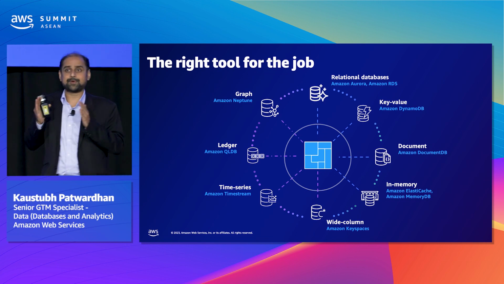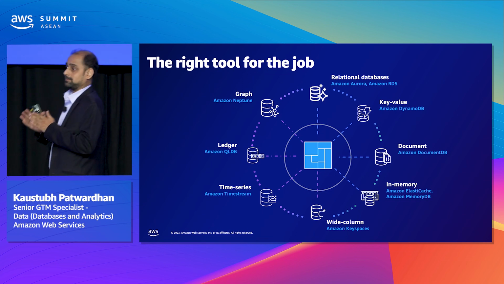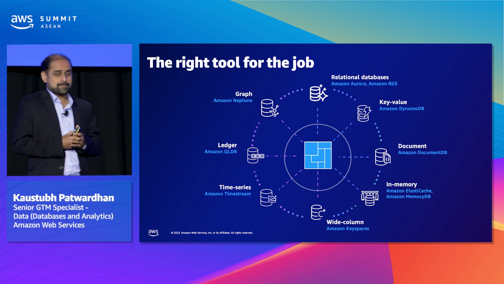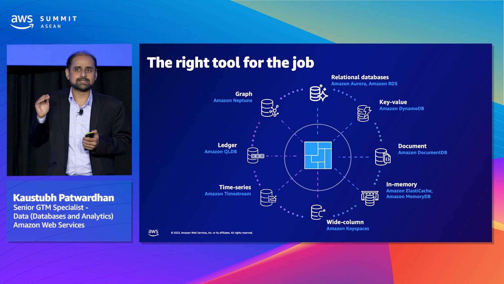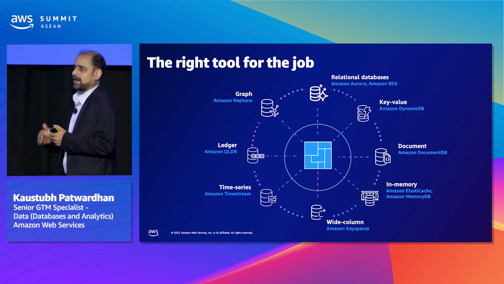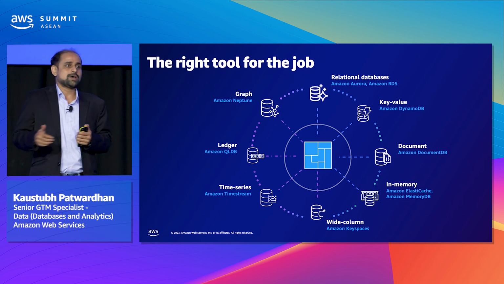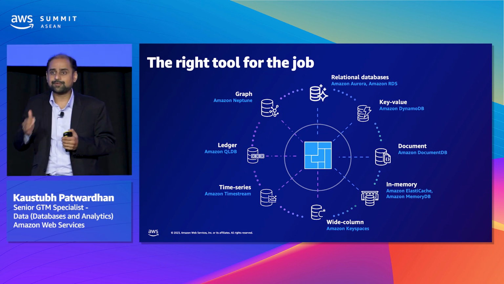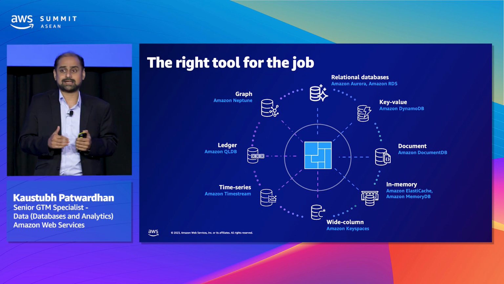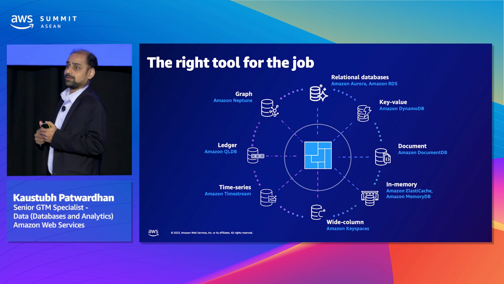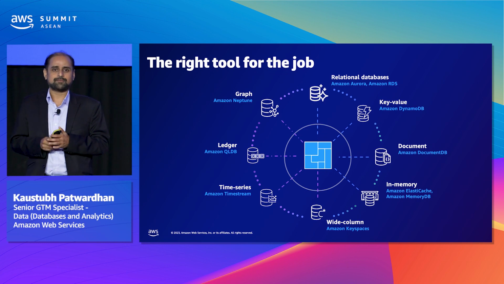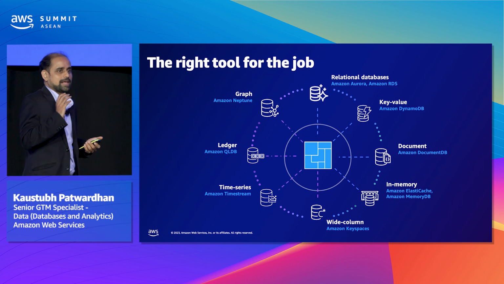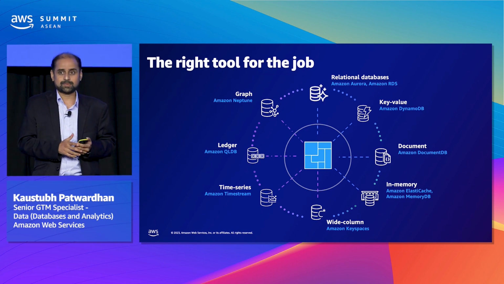AWS offers the broadest set of purpose-built databases, including relational as well as non-relational databases. And all the maintenance, management, patching, upgrade, everything can be taken care of by AWS, whereas you as a customer can focus more on the differentiated workload, more on the schema design, application design, performance fine-tuning, and all such very differentiated work, which really matters to your customer, leaving aside all the heavy lifting to AWS.